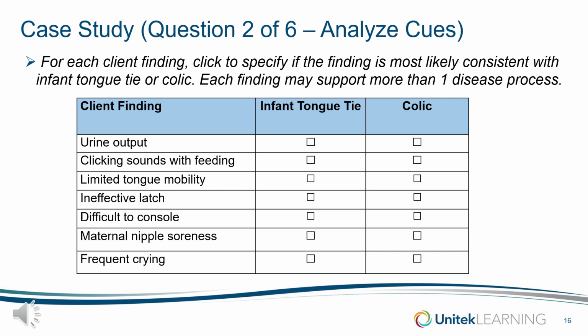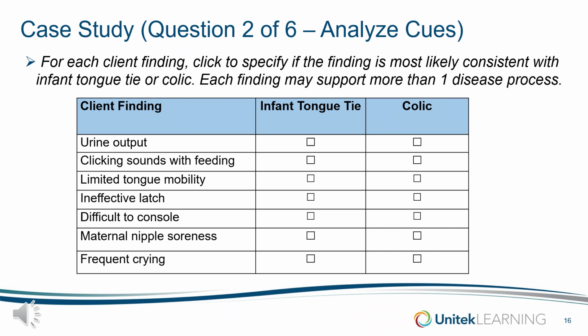I often hear concerns about this question type for analyze cues. It can be helpful to take this matrix table question type one box at a time, considering each finding individually against the condition.